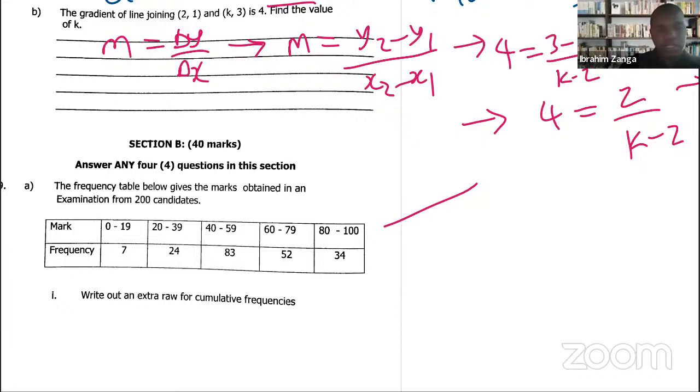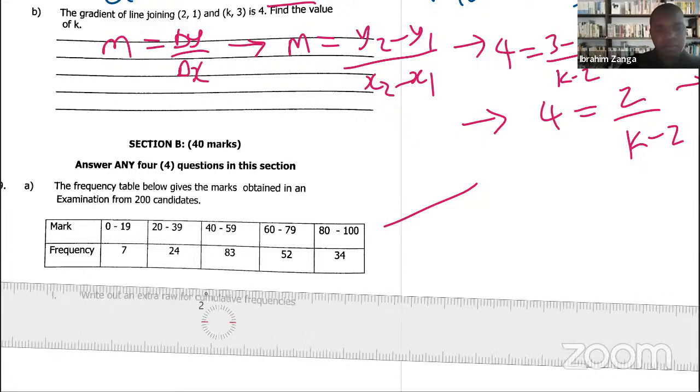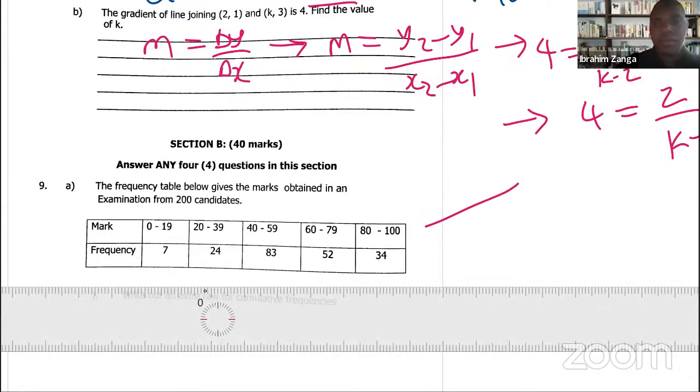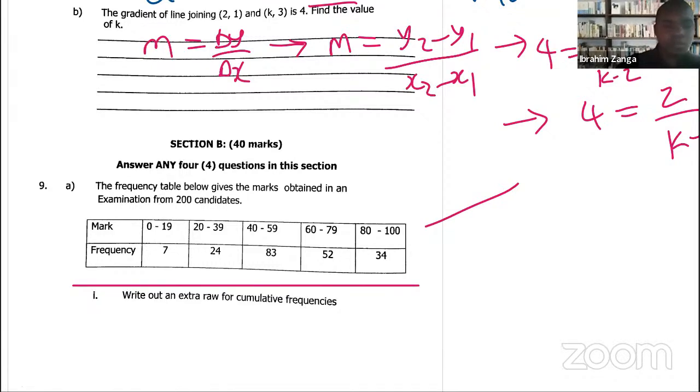You can do it here. So that is the extra row for cumulative frequency.